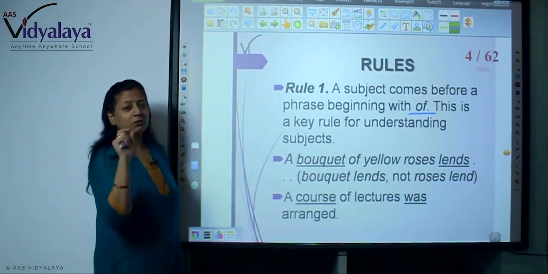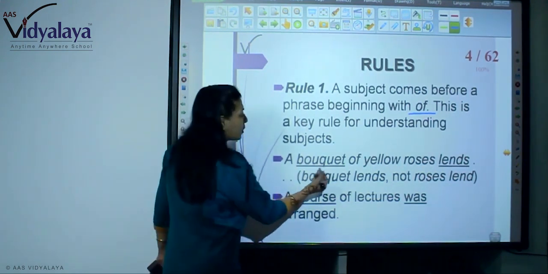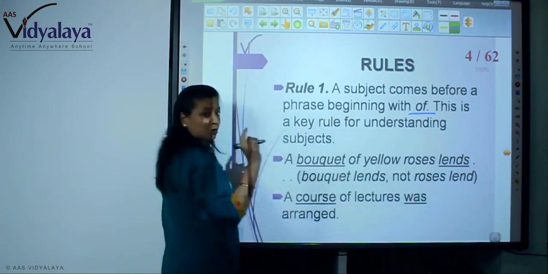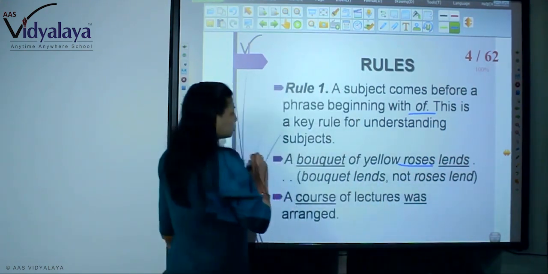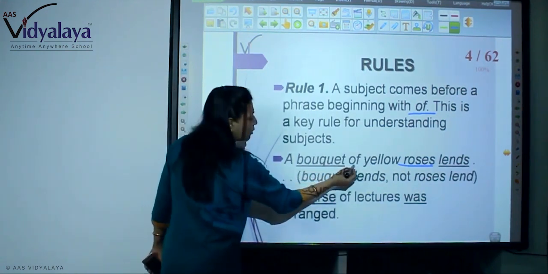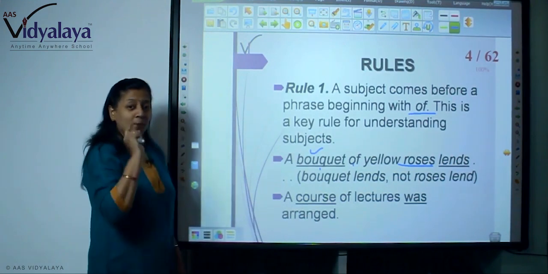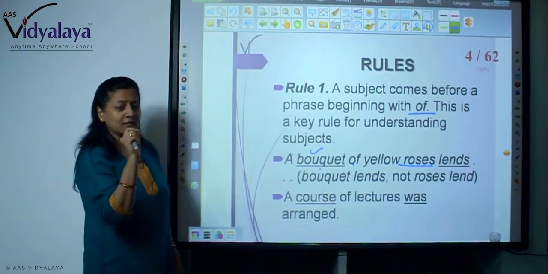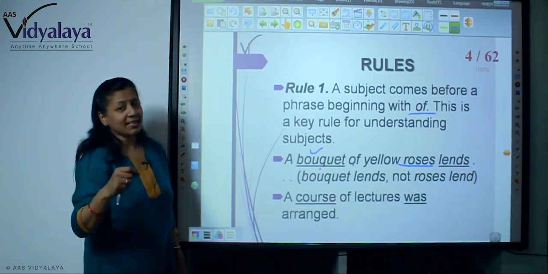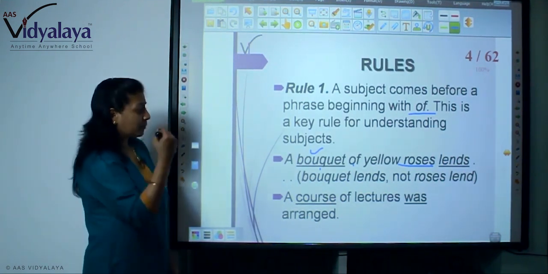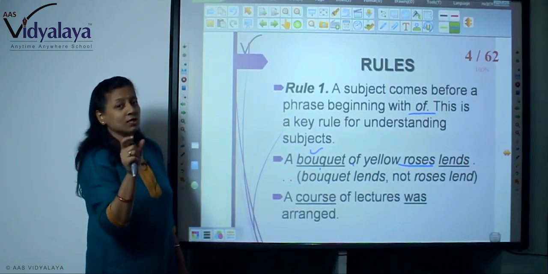Whatever comes before the word of, that is the subject. For example, a bouquet of yellow roses. You should not consider yellow roses. You should consider what comes before of, this is a bouquet. Remember, this is a clue. This is the way of knowing the subject. Before of, whatever the word is, that is your subject.